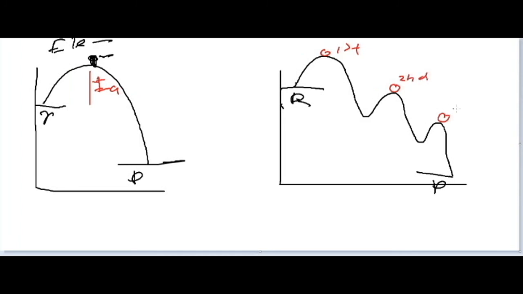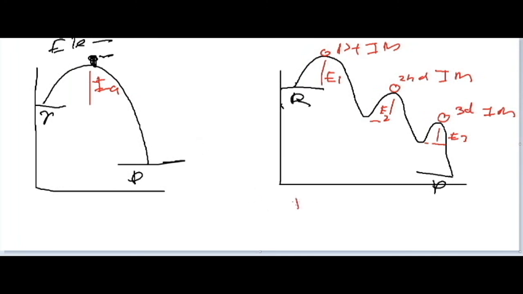Here the activation energies are related to E1, E2 and E3. So E1, E2 and E3 are the activation energies of the intermediate steps.